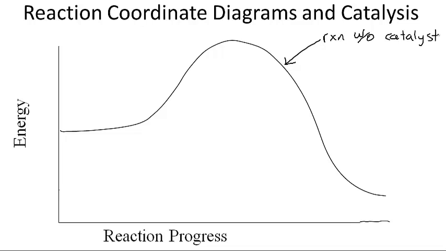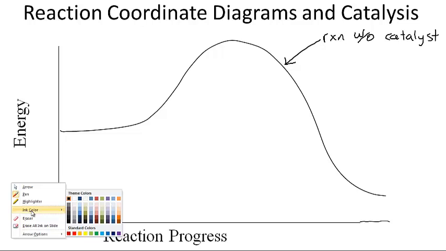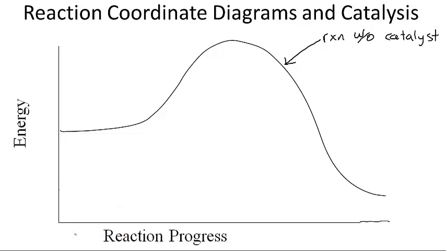All right, the peak will be lower. And in addition, there's probably multiple steps. So the key difference is that the peak will be lower, but with the catalyst, there might be a couple of steps. But the key is the peak is lower.